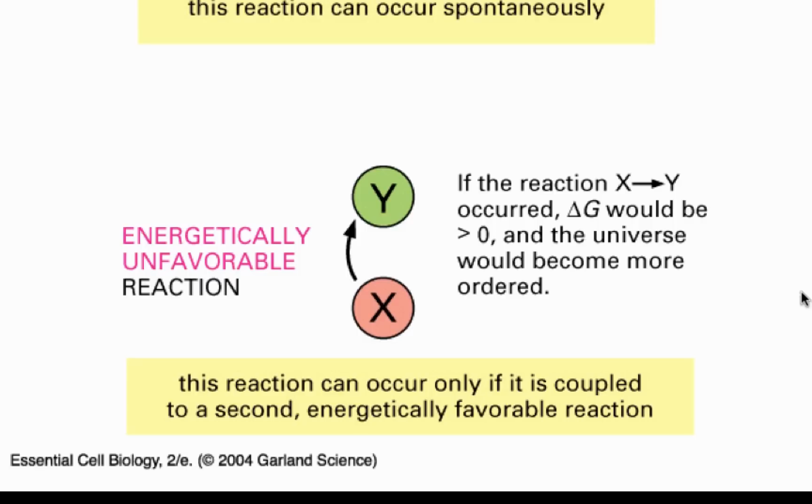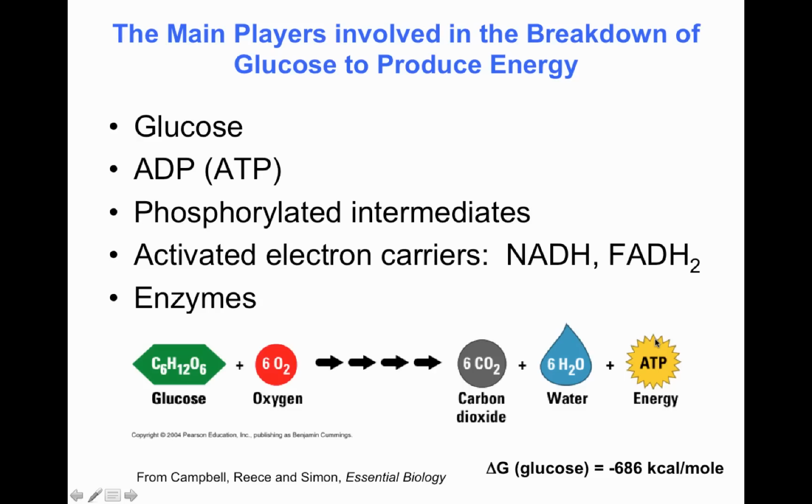Now, let's think about how the reactions are going to play out when we have glucose coming into the cell to produce and give energy to the cell. So the main players involved in this scenario will be the glucose molecule. You're going to have ADP, or the energy carrier ATP.